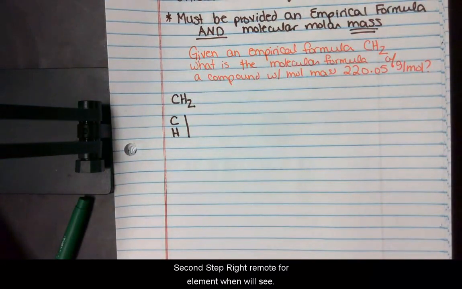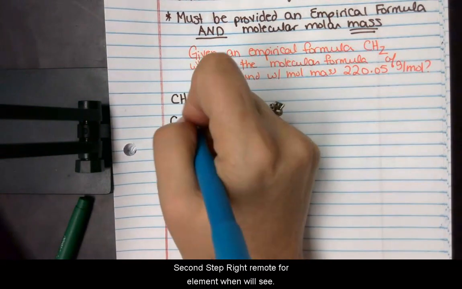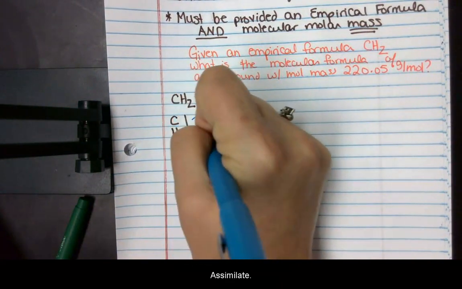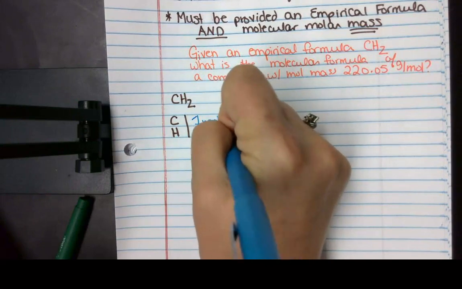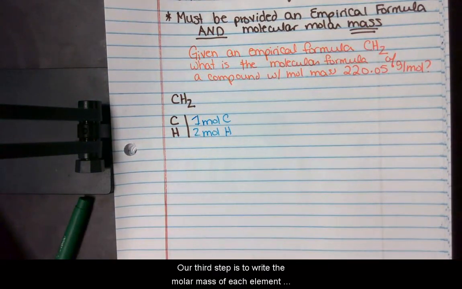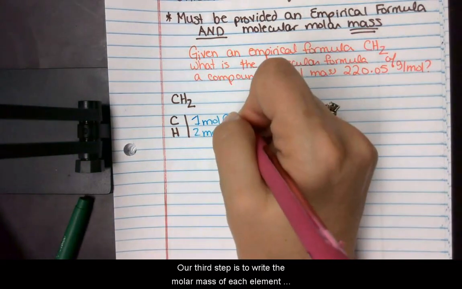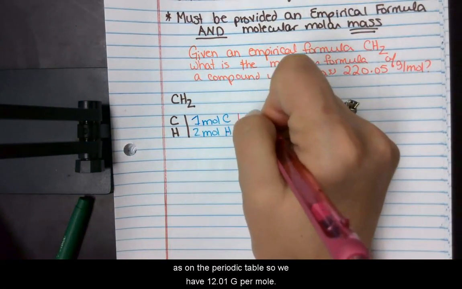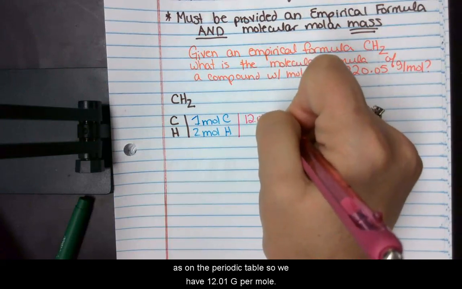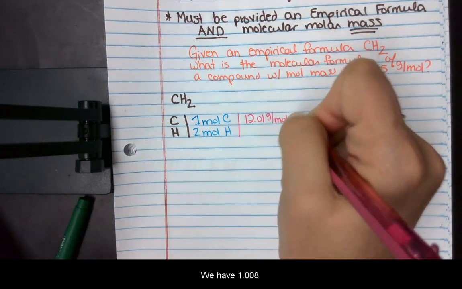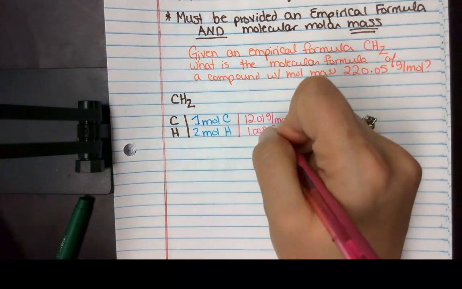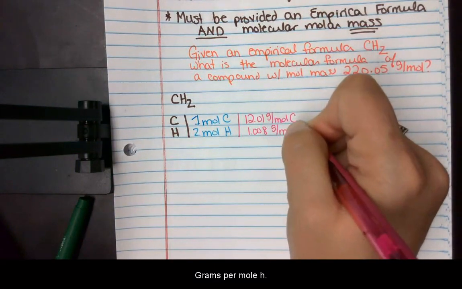Second step, write your moles per element. 1 mole C, 2 mole H. Our third step is to write the molar mass of each element as on the periodic table. So we have 12.01 grams per mole C. We have 1.008 grams per mole H.